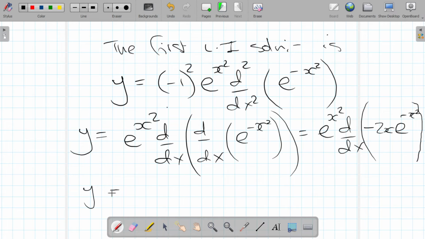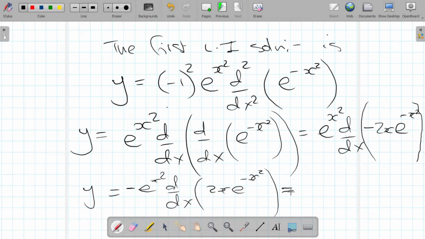So we've got y equals e to the x squared times what is now the first derivative of 2x e to the minus x squared. Oh, and by the way, we've got a minus sign, which we can bring out right at the very front. So we've got minus e to the x squared times d by dx of 2x e to the minus x squared.